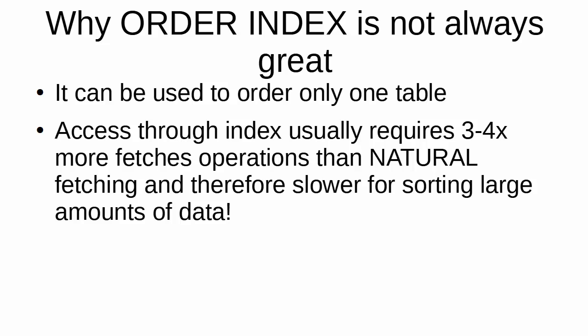Also, when it is necessary to sort a lot of records, not like 10 records as in the example, sort and return, it is necessary to remember that accessing data through an index requires 3 or even 4 times more fetch operations than the natural scan of all records.